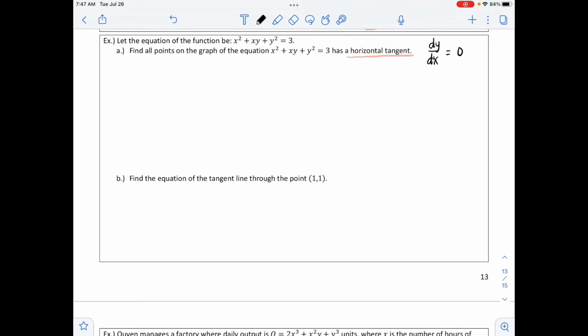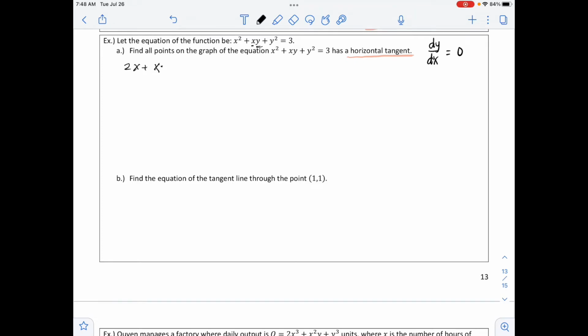So taking the derivative with respect to x, like it says dy dx, that first term is just going to become 2x plus, now the second term, because I'm multiplying two variables together, I do have to use the product rule. So my first term would be x, my second term would be y. So the product rule works by doing the first one times the derivative of the second. The derivative of y would just be 1.